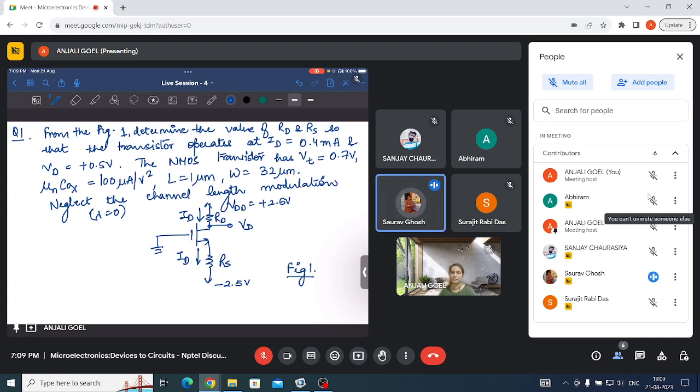Ma'am, RD is 1.25 kilo ohms. No, it is not 1.25 kilo ohm. Okay, ma'am.